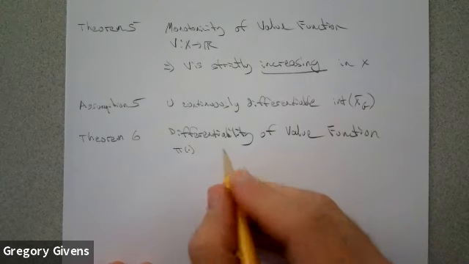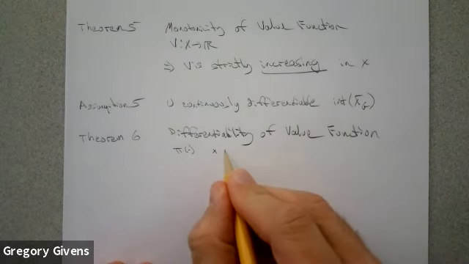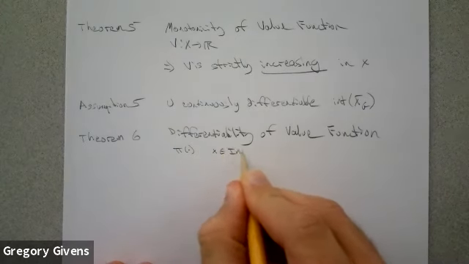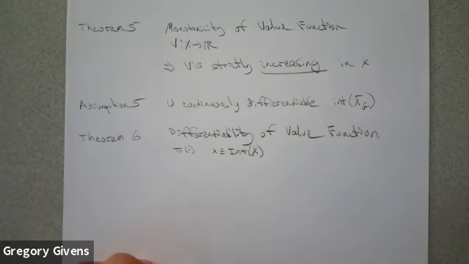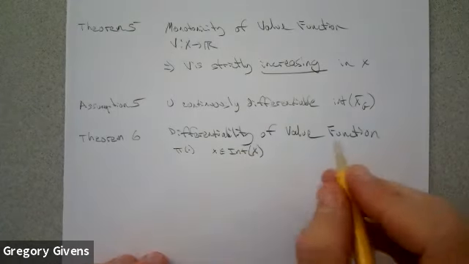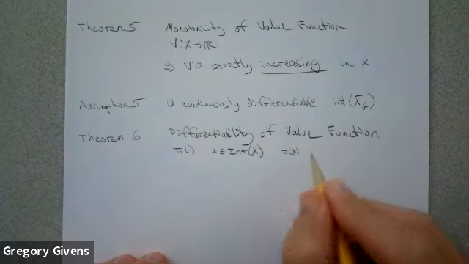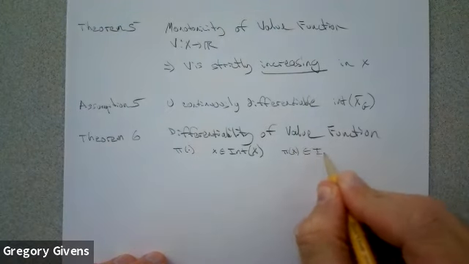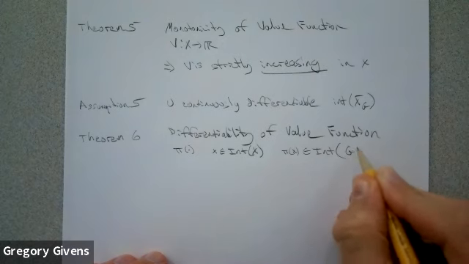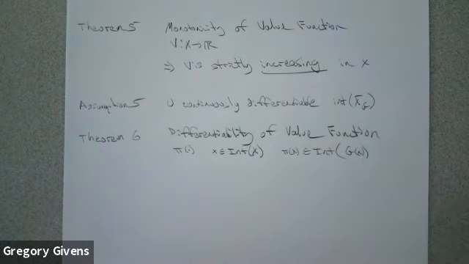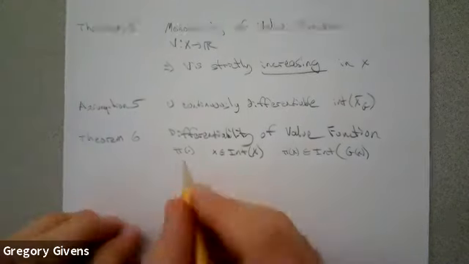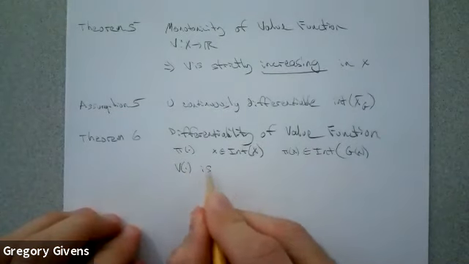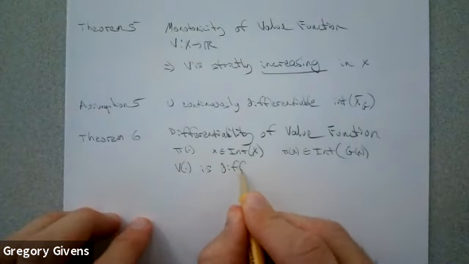Let's also assume that X is in the interior of its domain, so we're not talking about corner solutions here, and that pi of X is in the interior of its domain, which would be G of X, right? Pi of X tells us what the optimal value of next period's state is going to be. That is today's control. If these things are true, then the value function is itself differentiable.